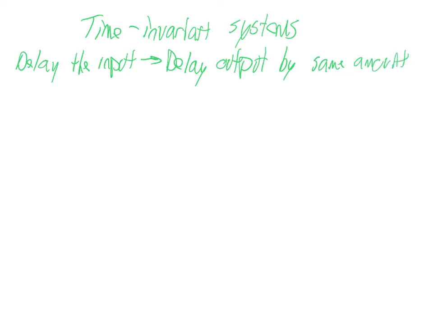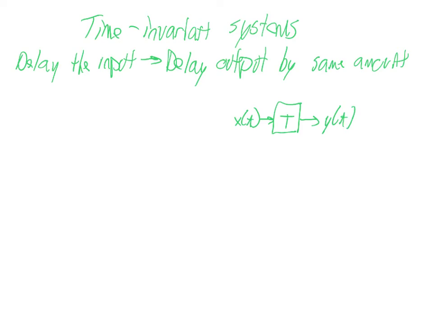We can do a block diagram view of what this system property means, similar to what we did for scaling and additivity. If I have a system T and I give it an input signal x and it processes that, it'll give me, of course, an output signal that we usually call y.